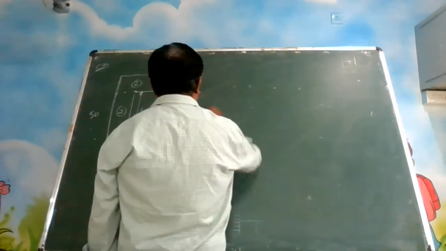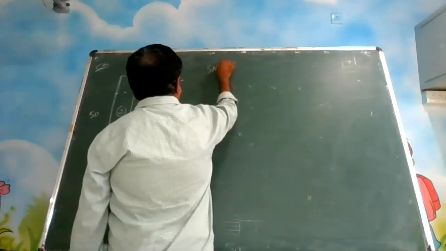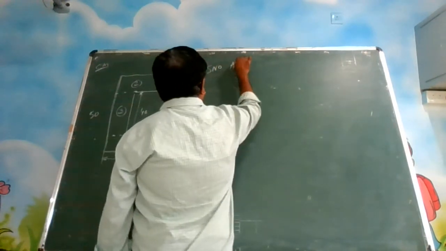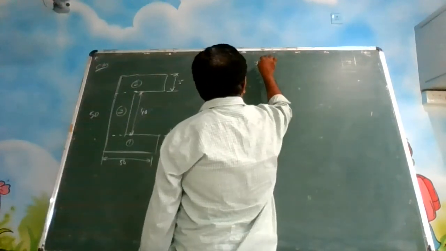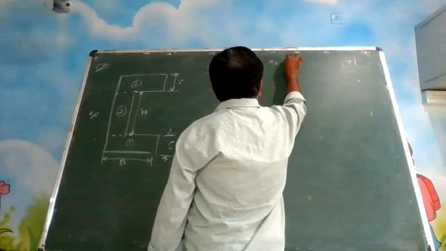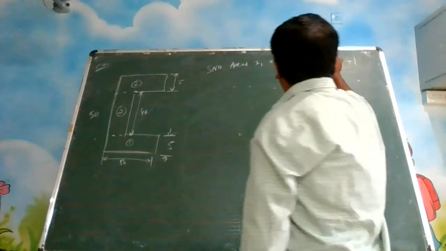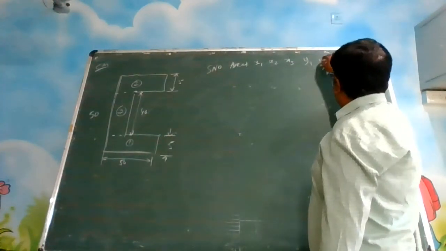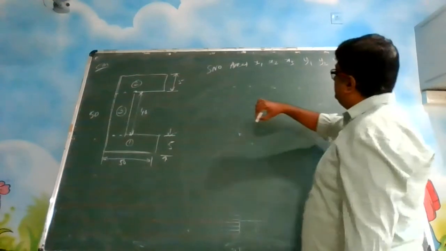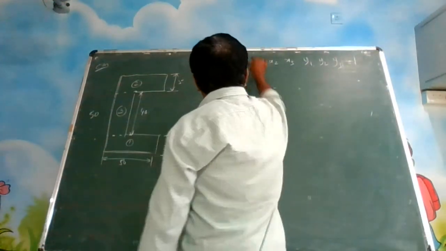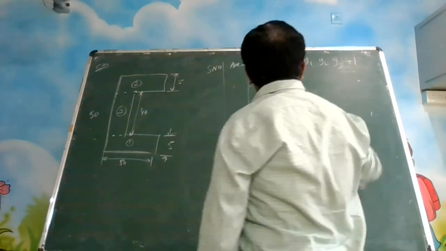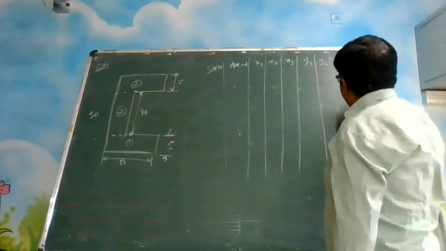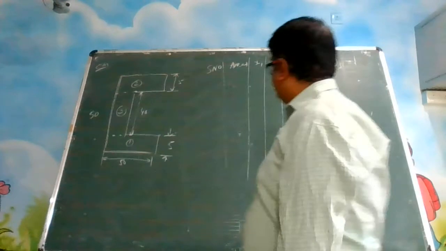So now start calculating. Maybe we'll now try to put a what you call a table. So here we will write areas. We will write x1, x2, x3, and we will write y1, y2, y3. Alright.